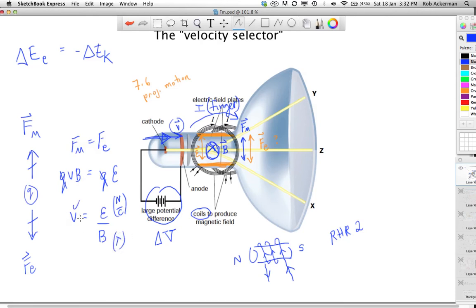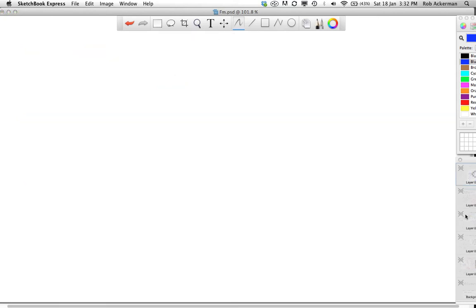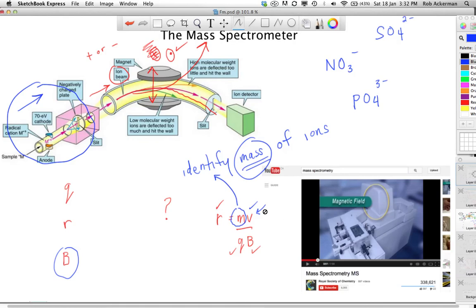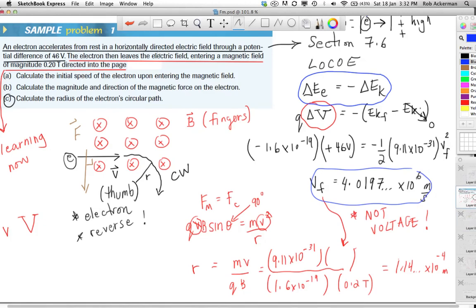You will know precisely the speed, and then you'll go back to this calculation over here and you'll sub in for speed. This is just another way of finding the speed using the velocity selector method. Of course, you can also do it the way we did in this calculation here, using the law of conservation of energy method.